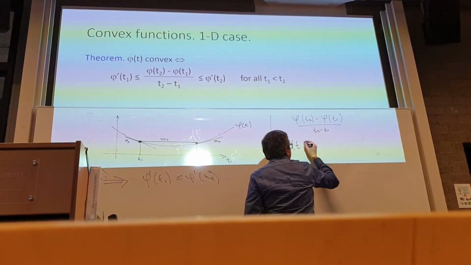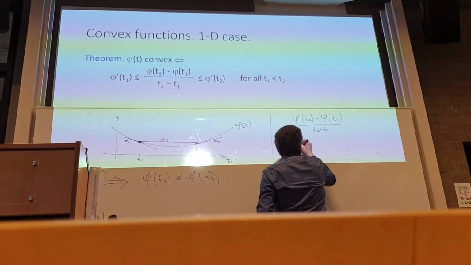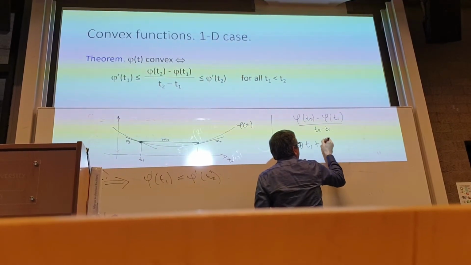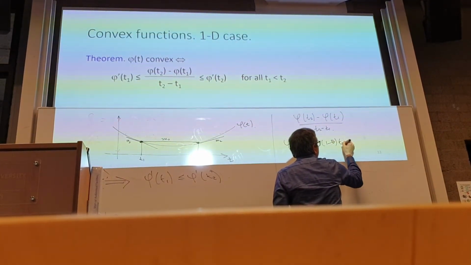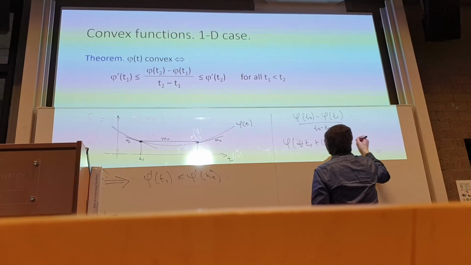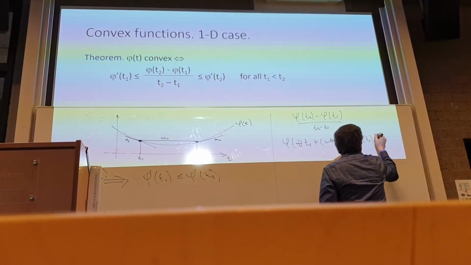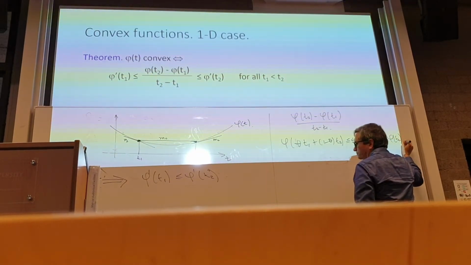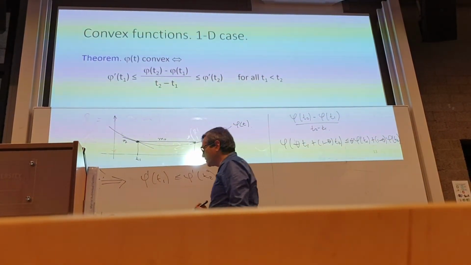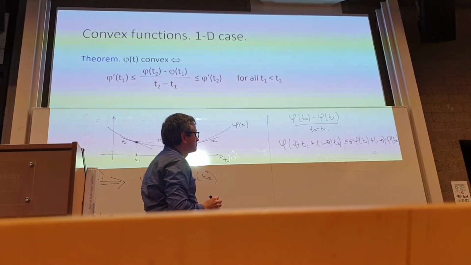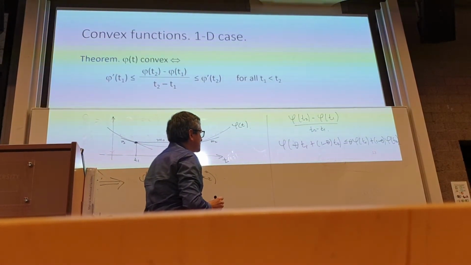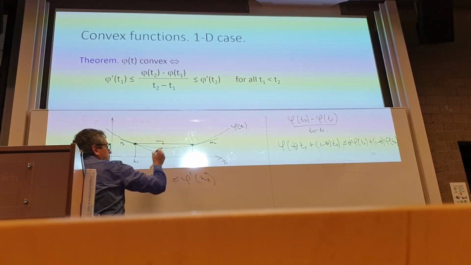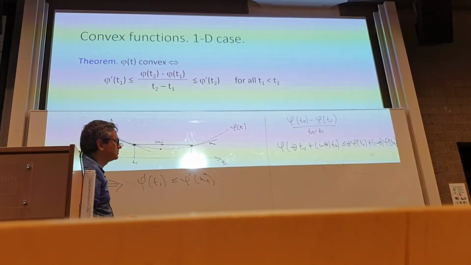What is what we know? We know that phi of theta T1 plus 1 minus theta T2 is less or equal than theta phi of T1 plus 1 minus theta phi of T2. Okay? So we know that a point here is always lower than a point here.